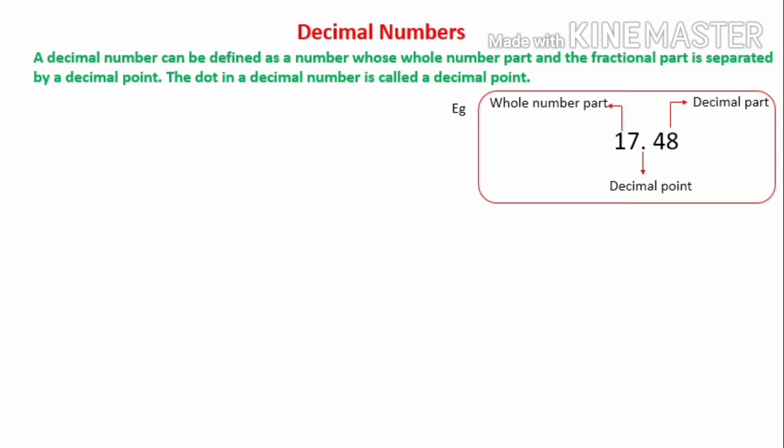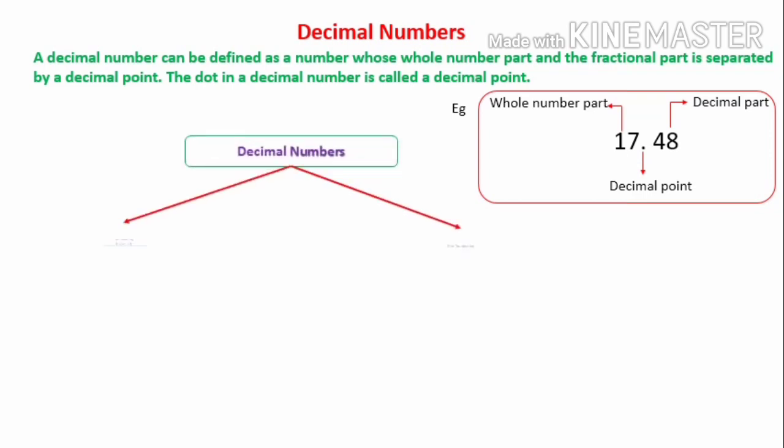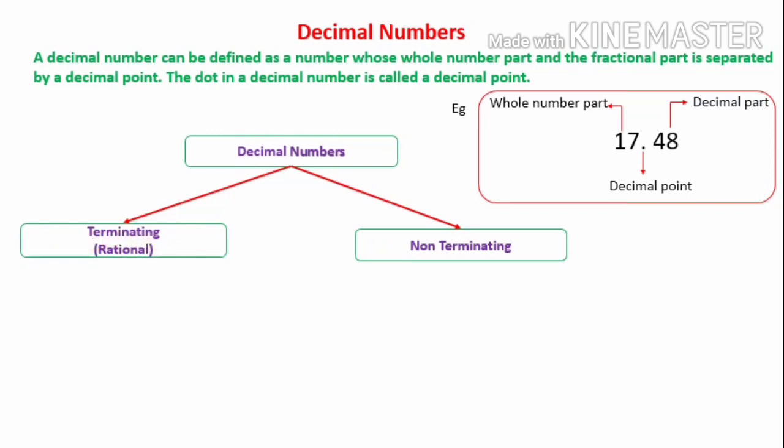In today's session, we shall divide decimal numbers into two categories. The first one is terminating and the second one is non-terminating. Terminating decimals are those numbers which come to an end after a few digits after the decimal point.